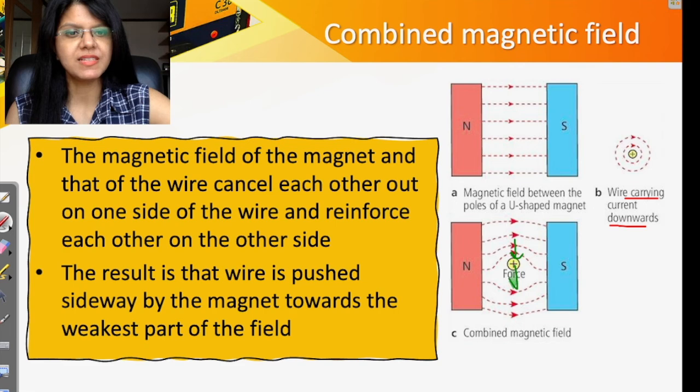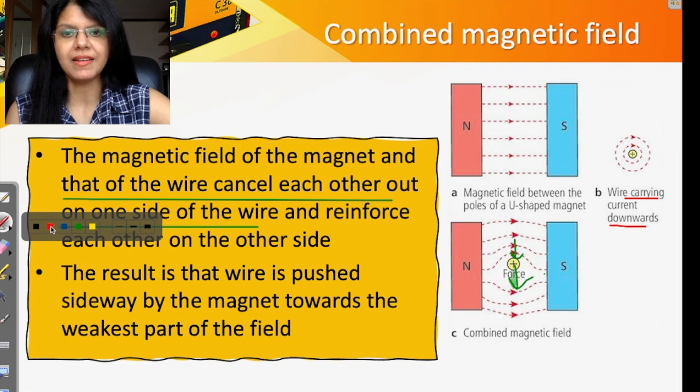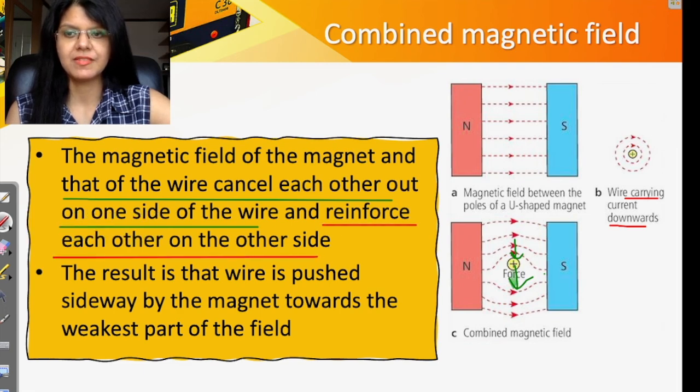Therefore it moves down. The magnetic field of the magnet and that of the wire cancel each other out on one side of the wire and reinforce each other on the other side. So let's understand which are these two zones.